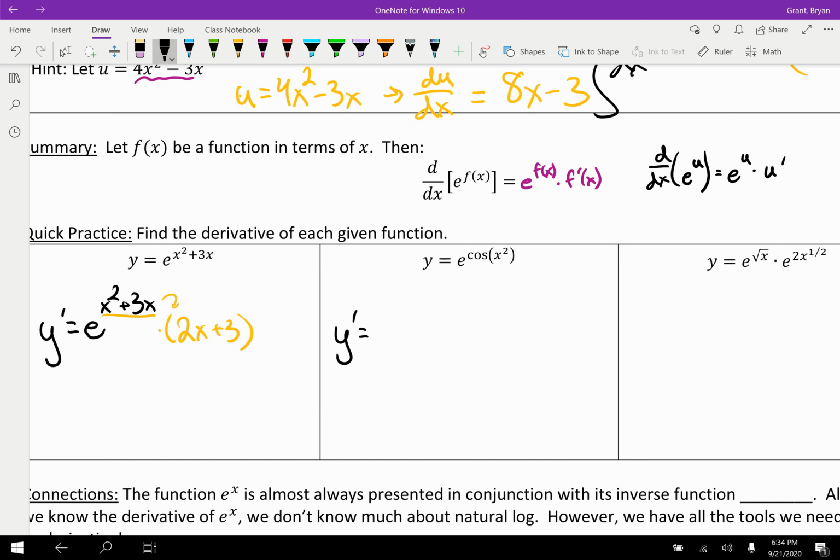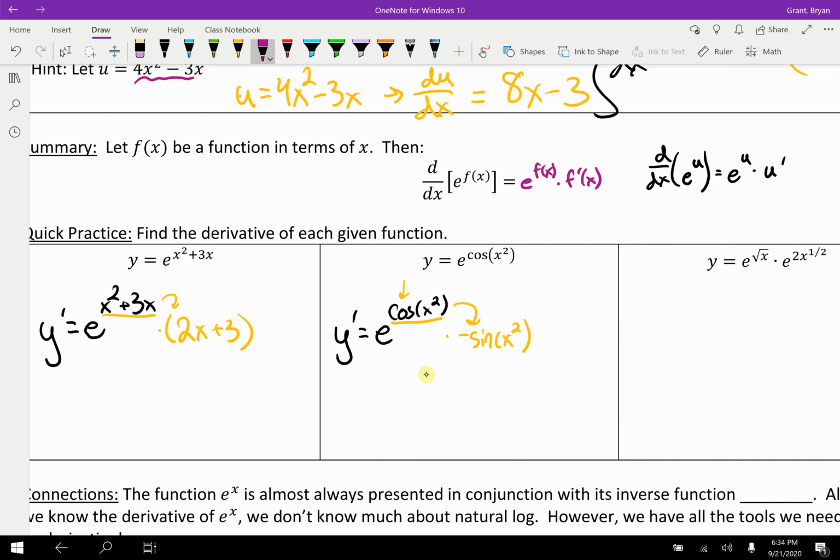What about the second one? Well, the derivative of e to some function is itself. That doesn't change. However, we do need to multiply by the derivative of this. But the derivative of cosine of x squared is in itself a chain-ruled function, a function composed into another. So we do the derivative of the outside first, which is negative sine of x squared, and then keep the inside the same.